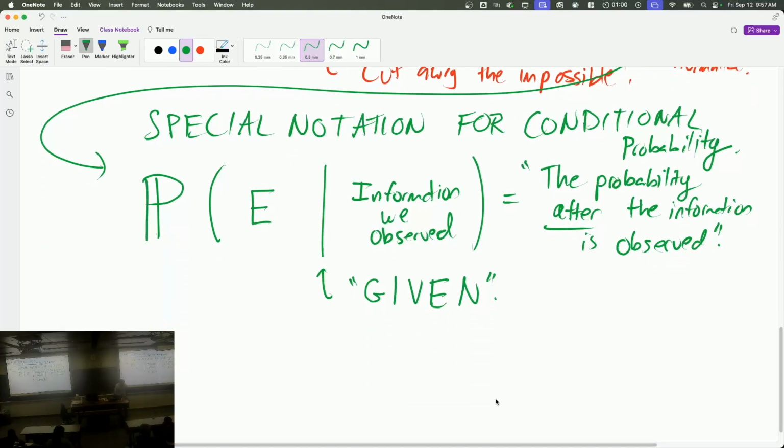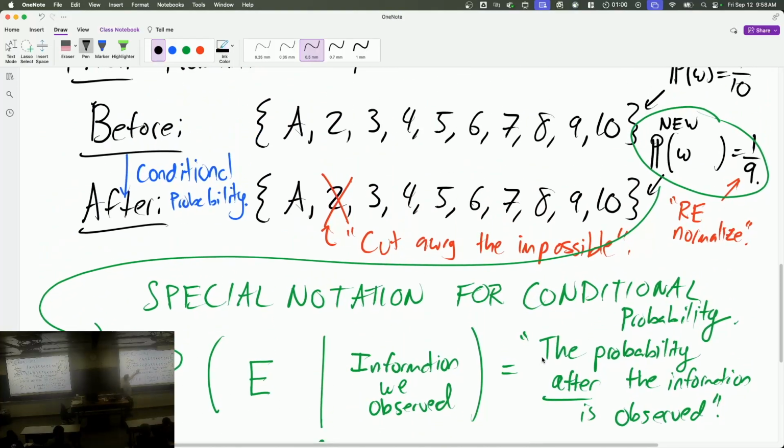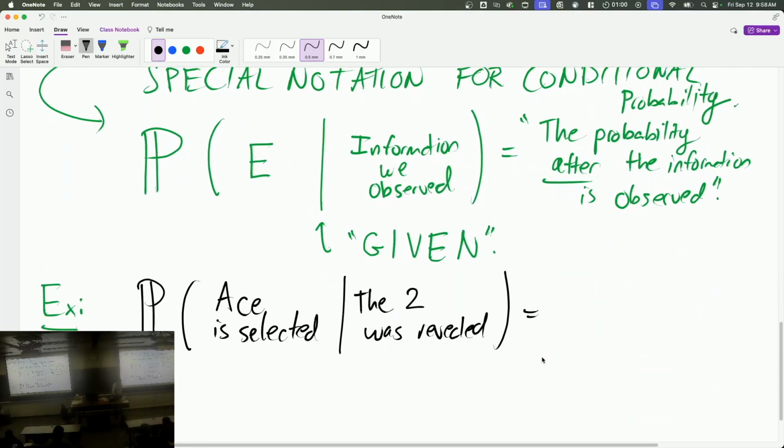So as an example, the example that we just did, the probability that the ace is selected as the magical card, given that a 2 was revealed. I guess there's only one 2. Maybe I shouldn't say a 2. Say the 2. That is what happened, right? The 2 was revealed, and we calculated that. That was 1/9. So the probability that the ace was chosen after the 2 was cut away, and we renormalized, the probability was 1/9. And so that is an honest-to-goodness statement of math. This number is equal to 1/9.